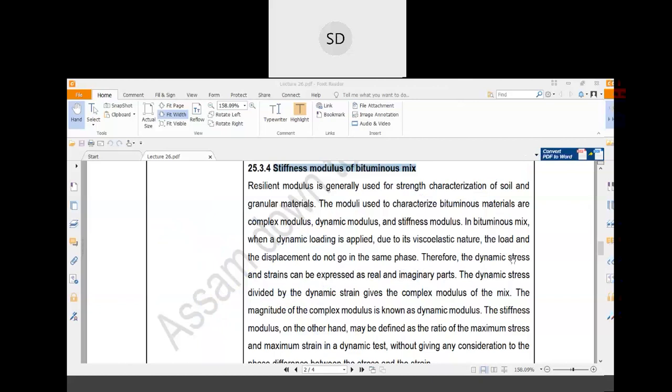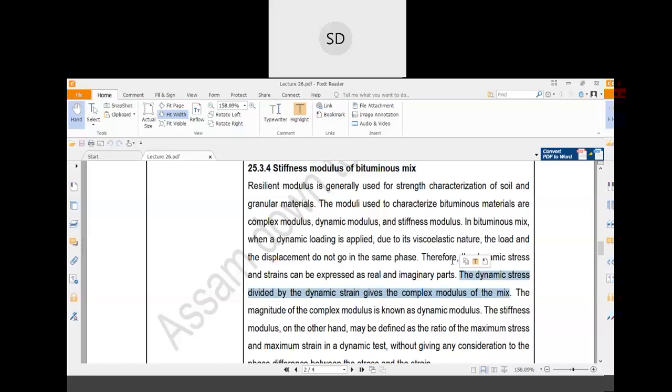Therefore, the dynamic stress and strains can be expressed as real and imaginary parts. Now, the dynamic stress divided by the dynamic strain gives the complex modulus of the mix. So complex modulus is nothing but dynamic stress divided by the dynamic strain. You get the dynamic stress from the dynamic load: the dynamic load divided by the area gives the dynamic stress.